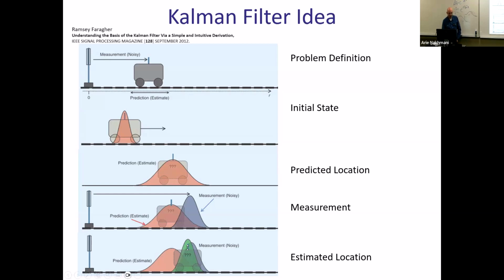And this will be exactly the output of the Kalman filter. Like that location of the green thing, it will give you that value, which is most likely value out of both measurement and model. All right, this is the overall idea. This estimated location. It also will provide you that breadth of the green Gaussian.